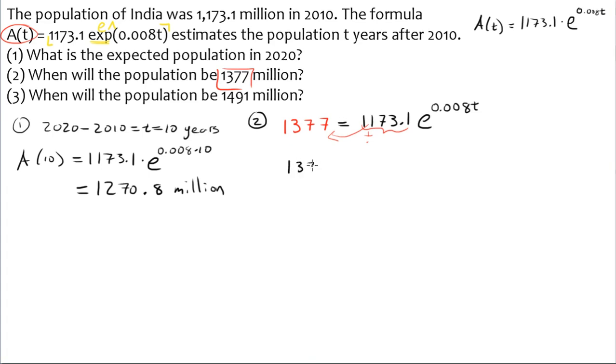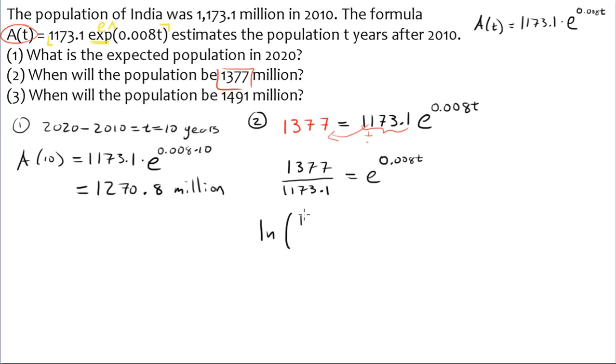So 1377 over that value, 1173.1, is equal to our exponential function. So that means we take the log of it.